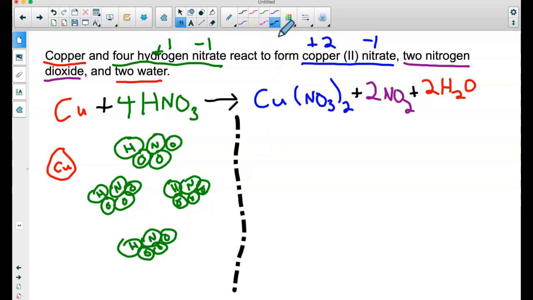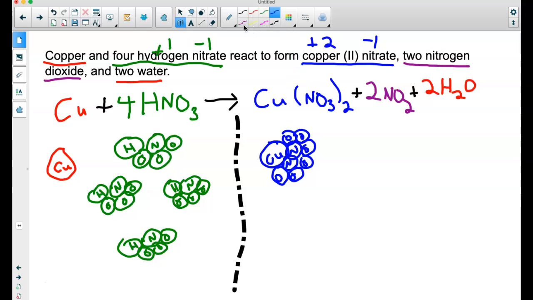So now I'm going to go over to the product side. So in this first formula, I have Cu, and then I've got NO3, but I've got that extra 2 subscript at the end, which tells me I've got this whole NO3 twice.